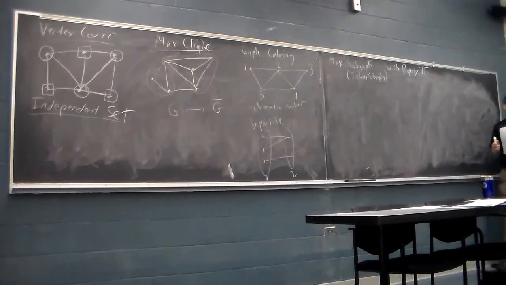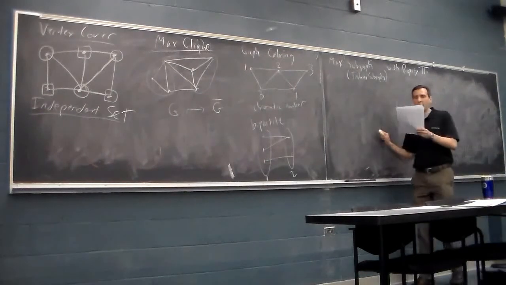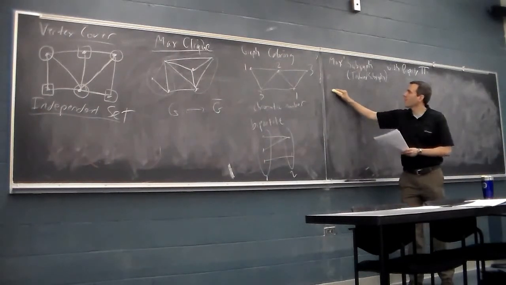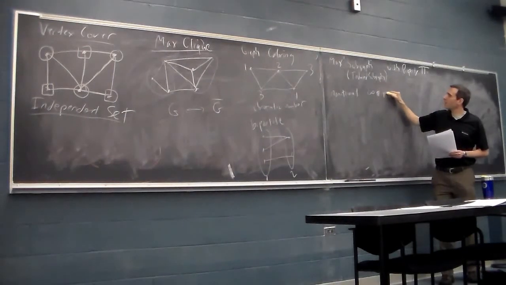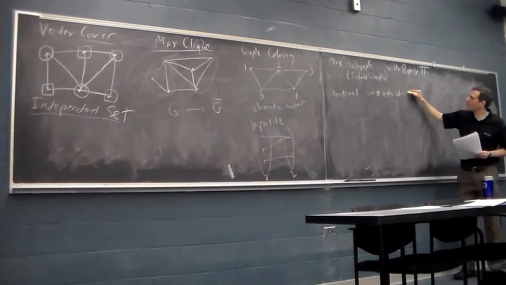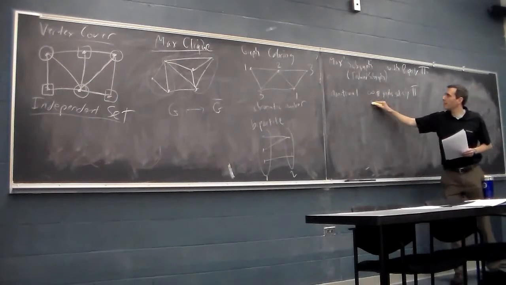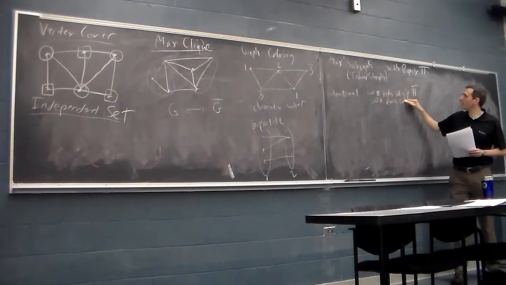So property pi isn't a specific thing. It's any property of a graph that satisfies two conditions. And one of those conditions is that an infinite number of graphs satisfy the property pi, and an infinite number don't satisfy.